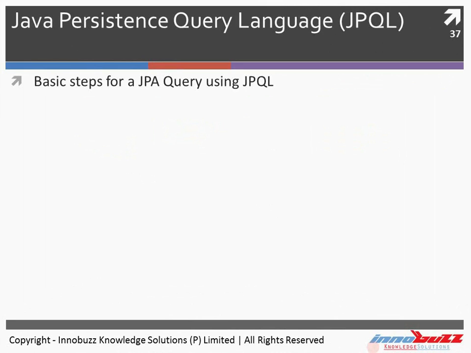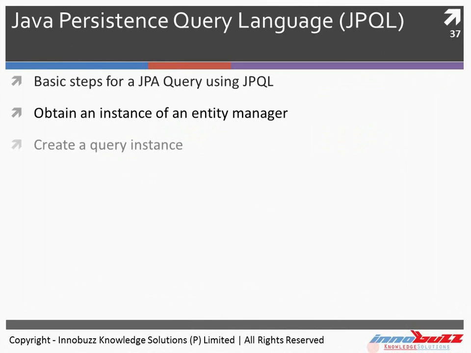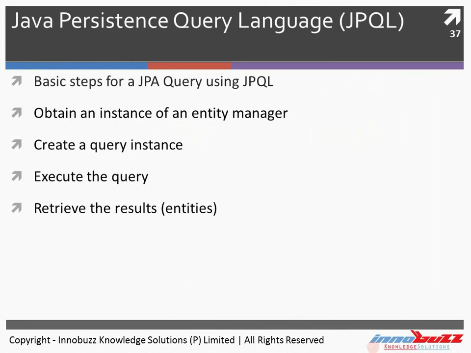So the basic steps for a JPA query using JPQL are: obtain an instance of an entity manager, create a query instance, execute the query, retrieve the result. So if you see there is no connection established statement at all, that is the best advantage of this Java persistence query language. You need not have any statements connecting to your database because all those are taken care of by the container itself.